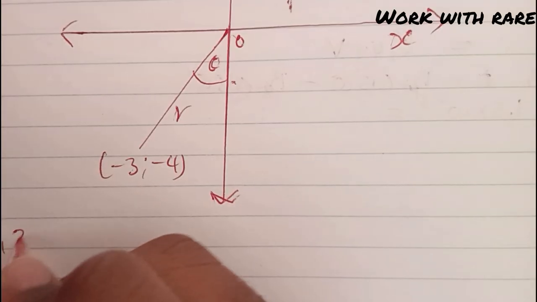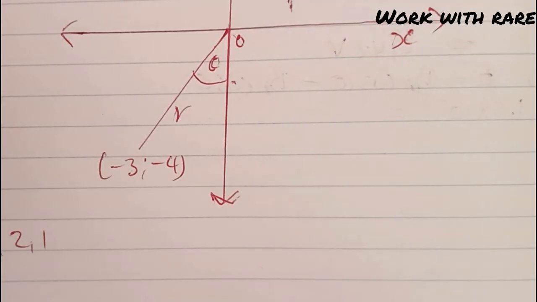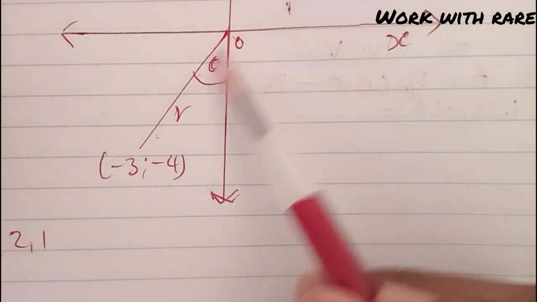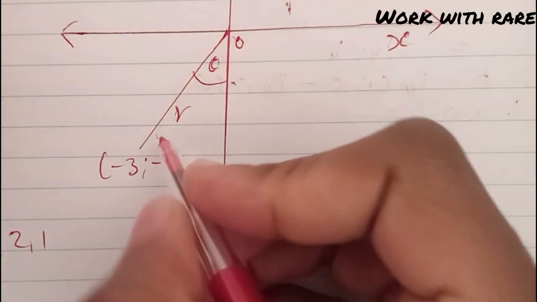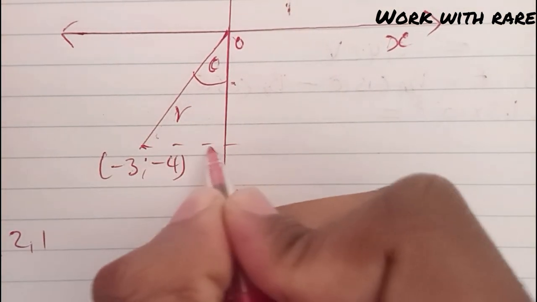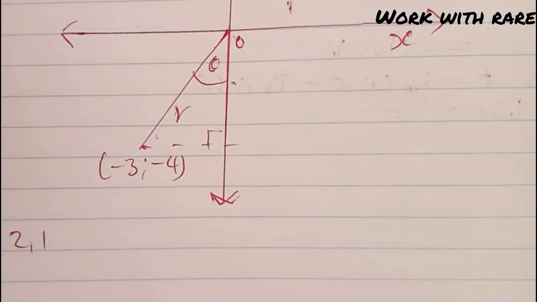Right, so we have 1.2.1. We have to calculate r. So at this moment, we can use the theorem of Pythagoras to calculate r, because only r will be unknown, and you only use the theorem of Pythagoras when you have one unknown. And yes, I know they didn't show us that there's a right angle triangle, but if we make a line like this, you will notice that this is a right angle triangle.